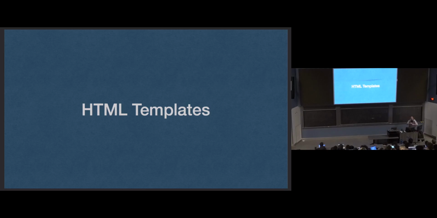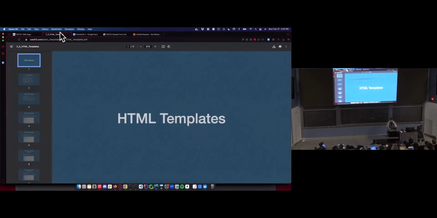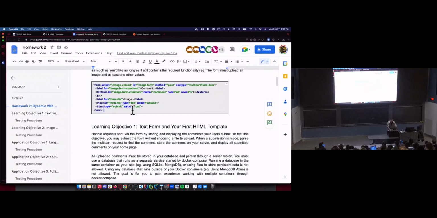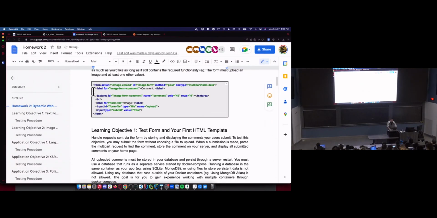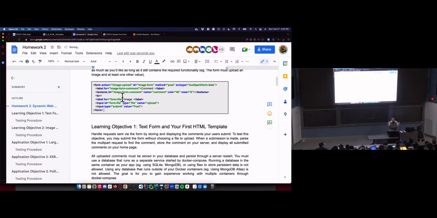So the intended strategy is you still use the index.html from the sample site, but you take this code, you copy it, and you paste it into that index.html. That's the intent for this one.